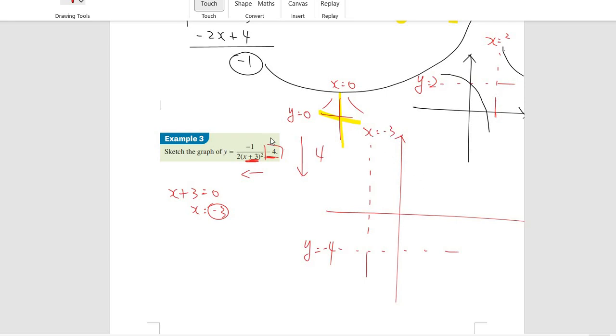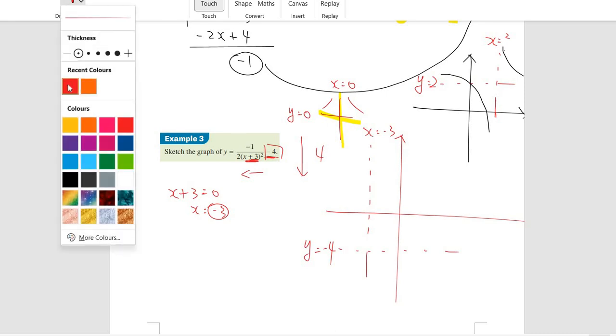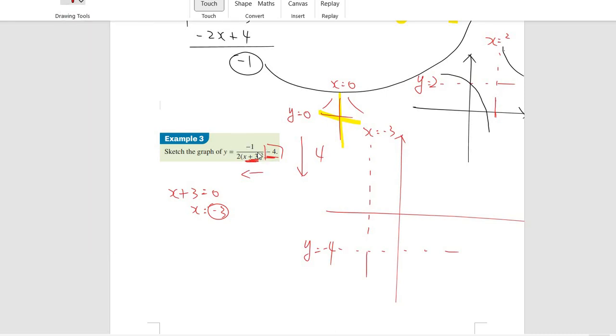Since there's no horizontal reflection, the graph will stay in the same orientation, but the challenge for this question is there's a vertical transformation. As you can see, there's a vertical reflection over here. As you multiply the entire function by negative 1, that's going to flip the entire graph upside down to this kind of graph, right?